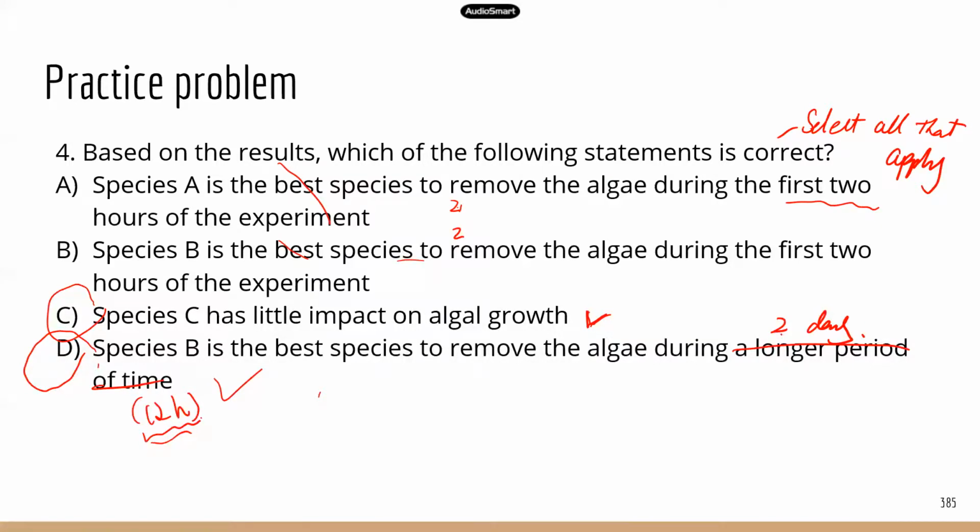No. If I change it to 2 days, only C is the correct answer. And that's because from the experiment, they only did 2 hours and 12 hours, right? So their data actually do not tell you anything about what will happen at the end of 2 days. So if I change this to 2 days, then this is not going to be a correct answer.